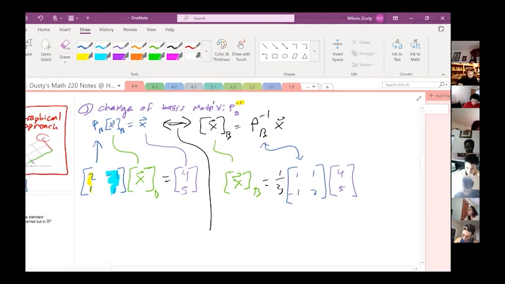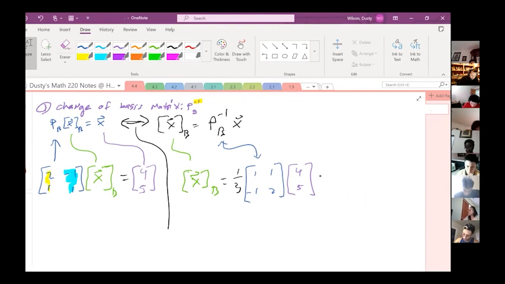And so if we do our multiplication, 1 times 4 plus 1 times 5 is 9, divided by 3 is 3. And then negative 1 times 4 plus 2 times 5 is 6, divided by 3 is 2. Something like that.